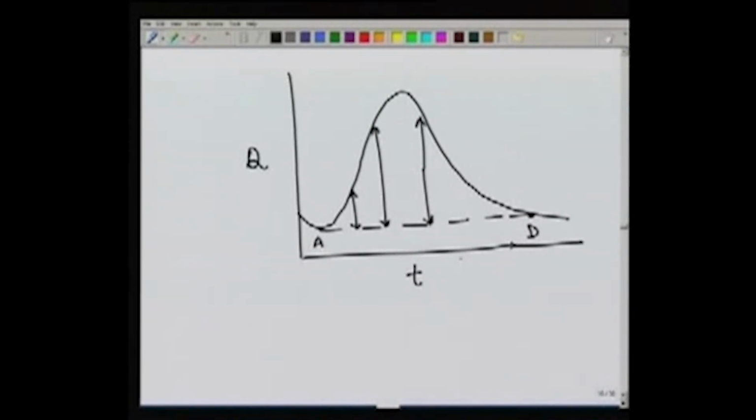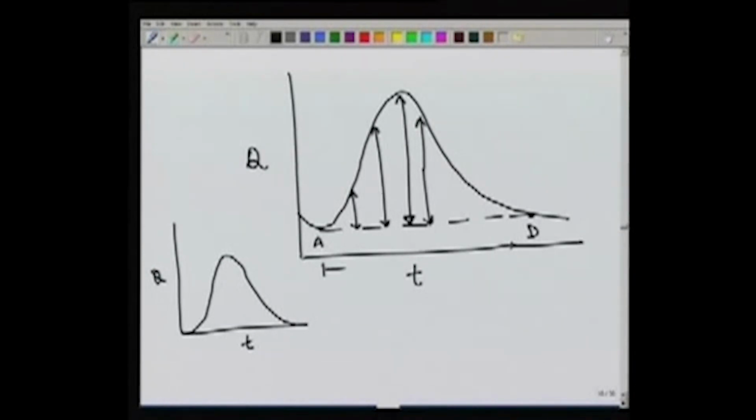And then we can plot this direct runoff hydrograph separately, which will have a peak equal to this value and a time base which is equal to AD. Time base, of course, will remain same for all the methods because the points A and D we have already fixed. So this method, which is known as the straight line method, is the simplest.